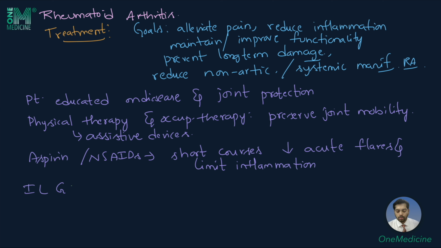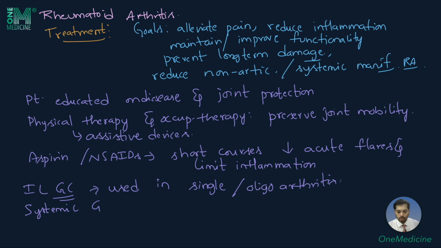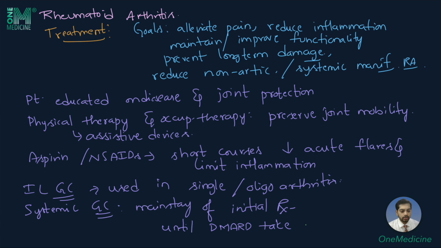Intralesional glucocorticoids or intralesional steroids are used in cases of single joint or oligoarthritis. Systemic glucocorticoids form the mainstay of initial therapy, especially until disease-modifying anti-rheumatic drugs take effect.